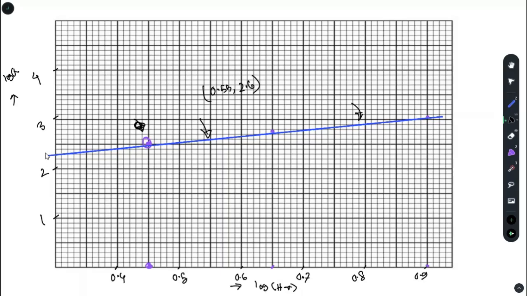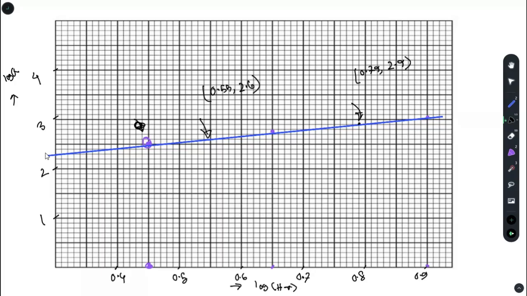And for this one, maybe I've got a value of 0.79 on the x-axis, and on the y-axis, let's say this is 2.9.